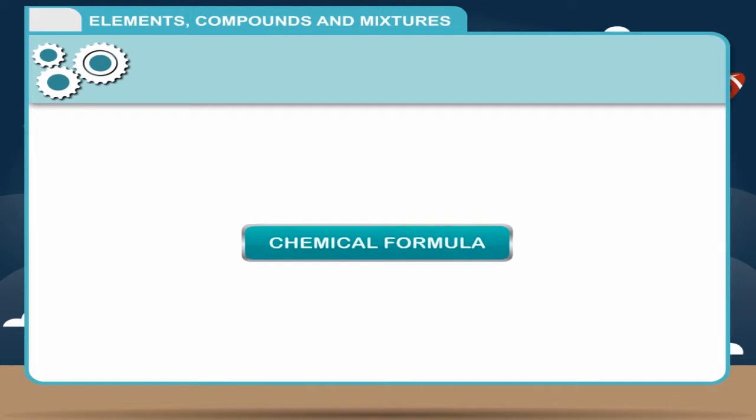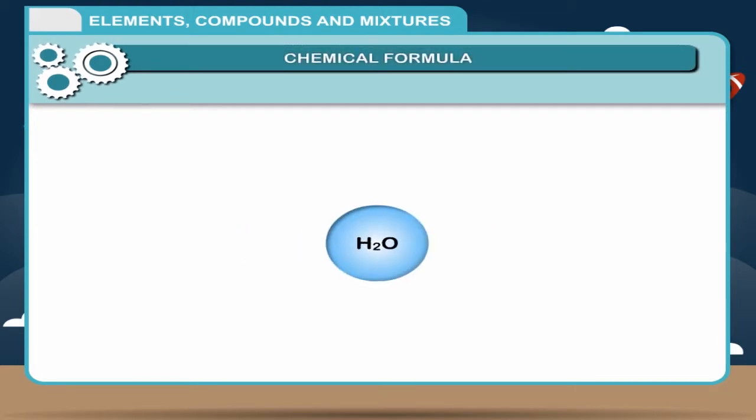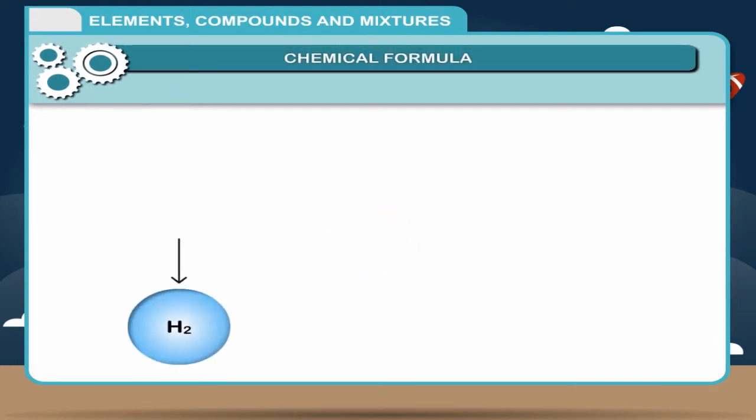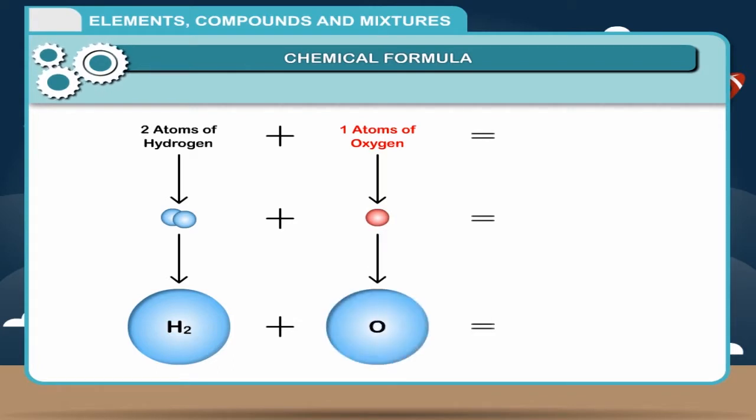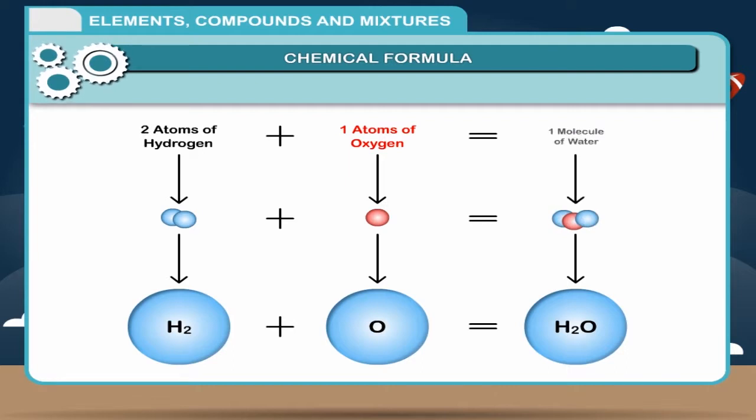Chemical formula. A chemical formula is a symbolic representation of one molecule of a compound, representing the number of atoms of various elements present in it. While writing a chemical formula of a compound, the symbol of the metal is written first, and then the symbol of the other element present in the compound.